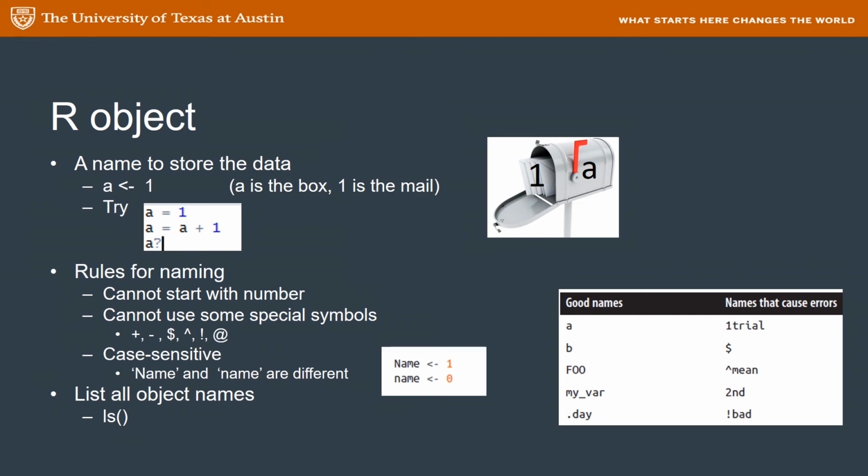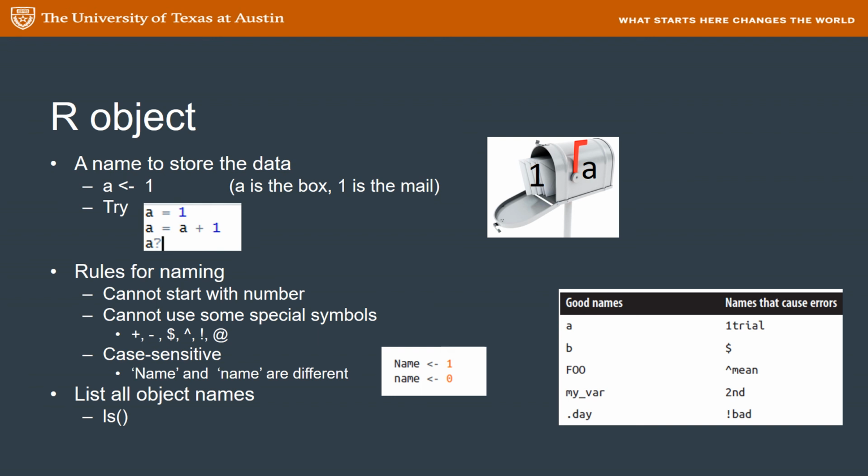Alright, so let's first start with our object. So what is an object? Some people may say, okay, you can call an object a variable, whatever you call it. Well, our object is a name, and we use a name to store data.